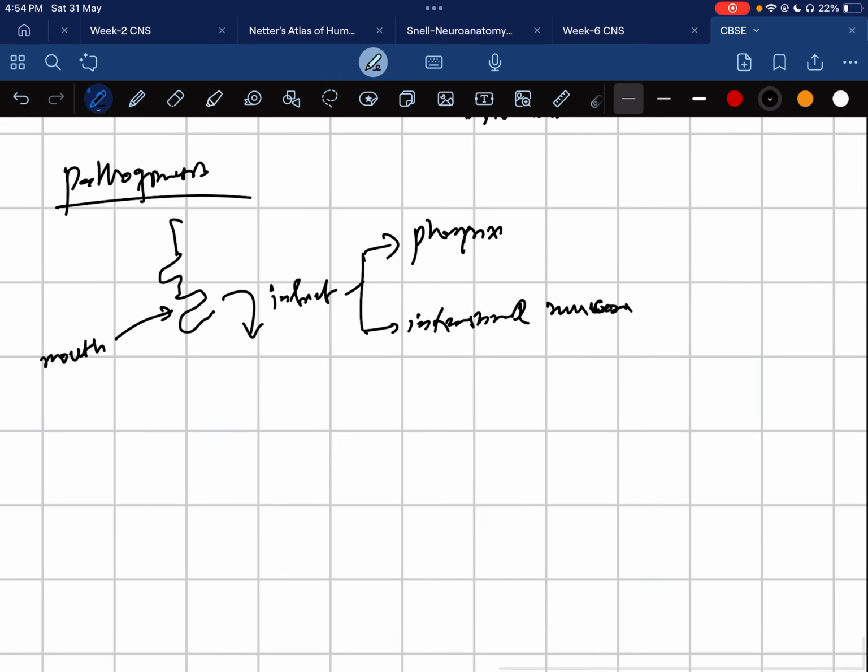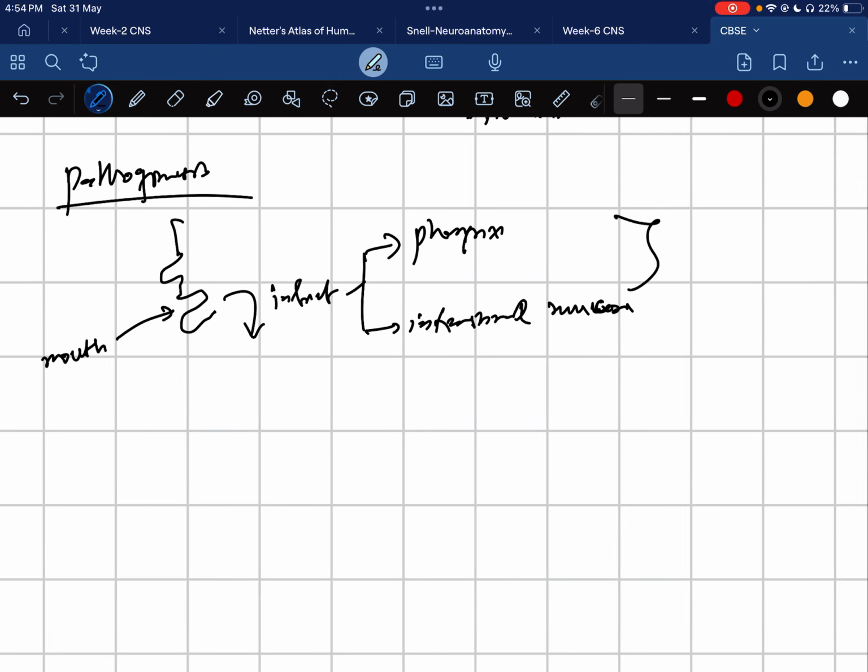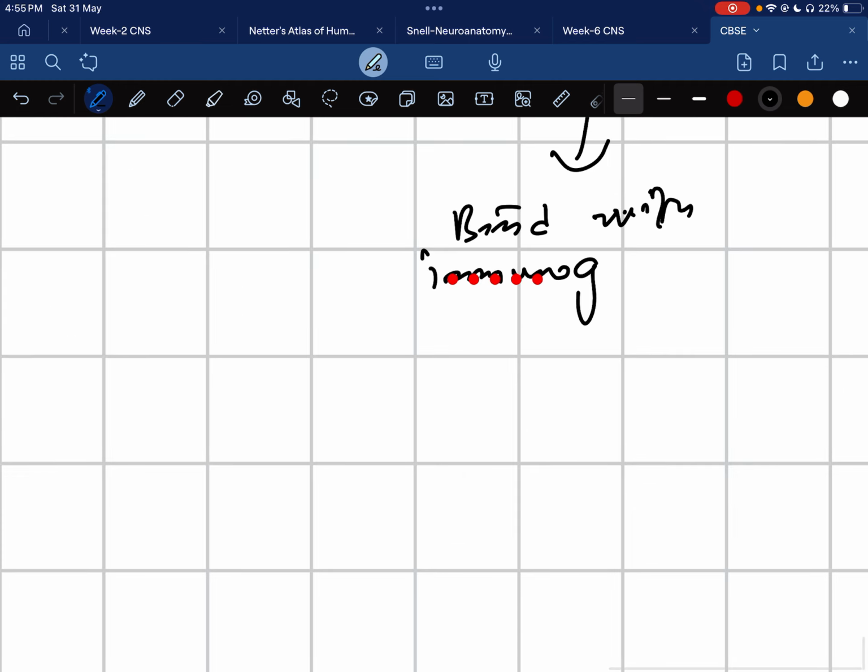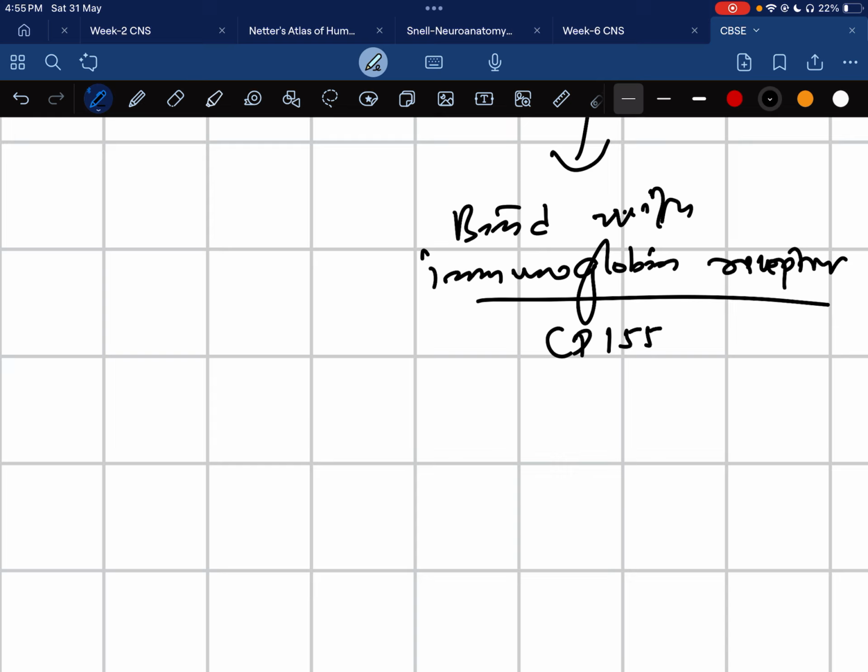It binds with the immunoglobulin-like receptor, the poliovirus receptor, also known as CD155, on the cell membrane.